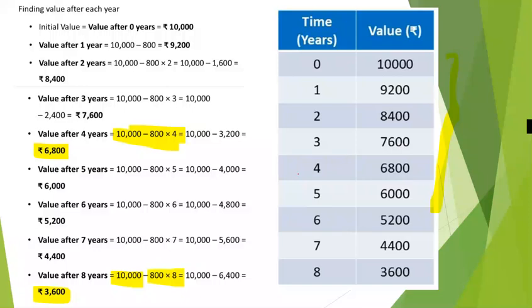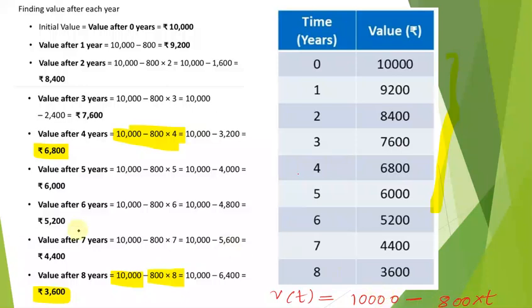Got the idea? Now the last case, if you are making the linear equation for the value of the phone as V of t, how can we represent it? I can represent it as 10,000 minus 800 into t. If I take t as the time, it will be 10,000 minus 800t. Got the idea?